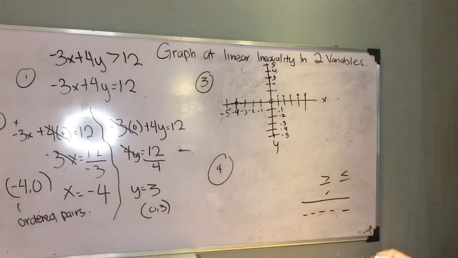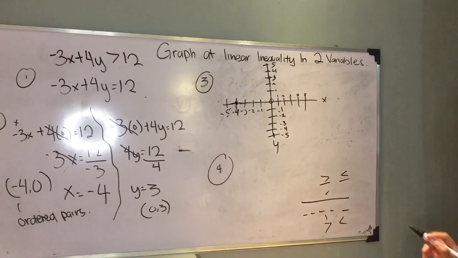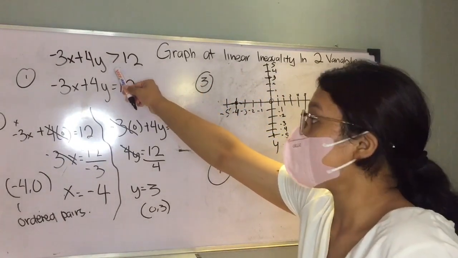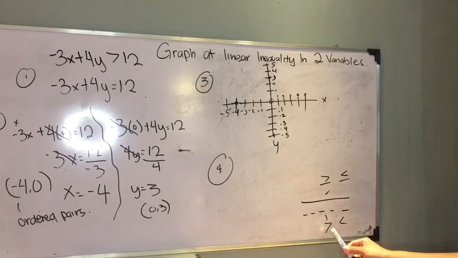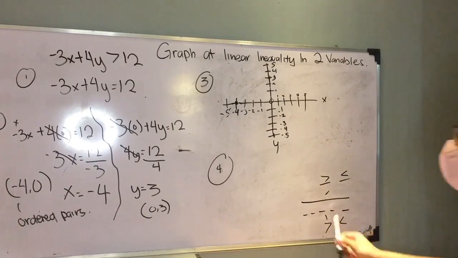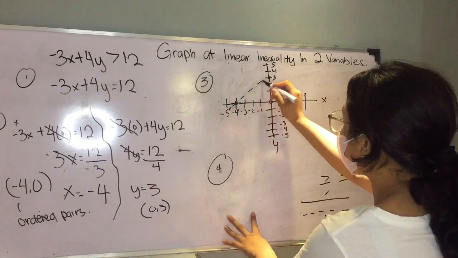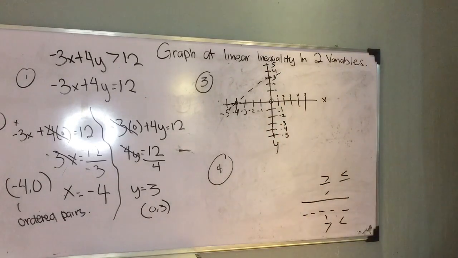But the broken line we'll be using for greater than and less than. So look at our main problem. The sign here is greater than. So when it's greater than, our boundary line will be a broken line. So now let's draw it. There you go. That is our boundary line.